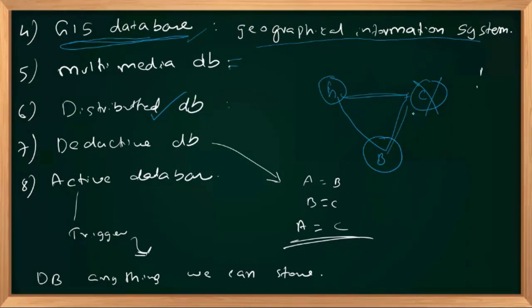What is the limitation of distributed system? Bangalore zone data also needs to be stored in the Chennai zone and Hyderabad zone. Similarly, Hyderabad zone data is required in the Chennai zone and Bangalore zone.